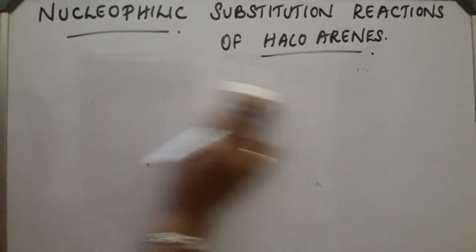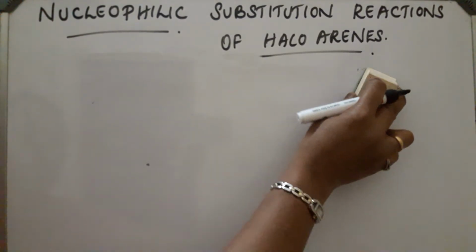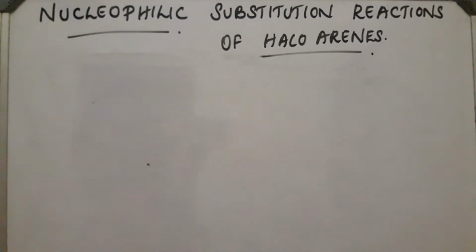Now let us discuss the mechanism: how, as the NO2 group is present at ortho and para positions, this reactivity increases. We can explain the mechanism one by one: ortho substituted, para substituted and meta substituted. Meta substituted NO2 will not influence the reactivity.